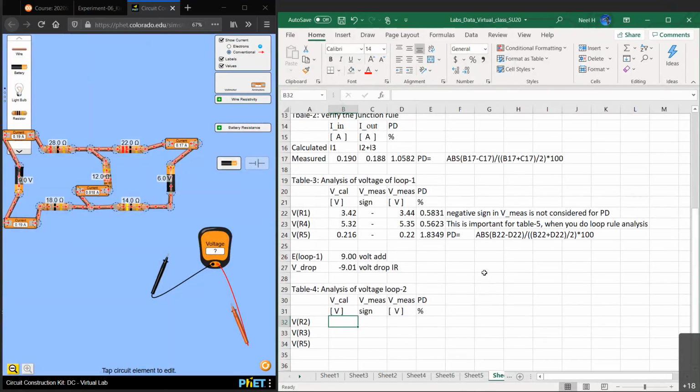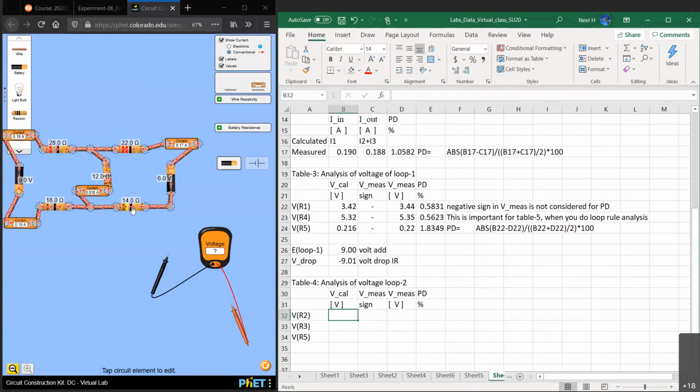Voltage across R2. Resistor R2 is 14, current passing through R2. If you want to check that again, you can break here and then bring a new ammeter and connect here to make sure that's the same current. You can see now it's the same current on this segment, right? So that's the idea, okay? So let's calculate that.